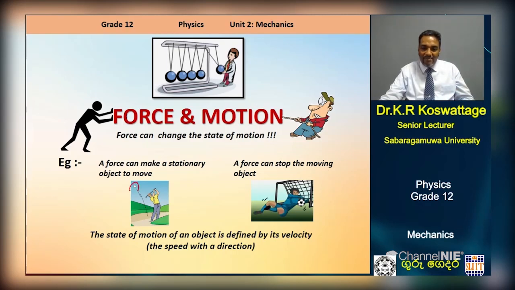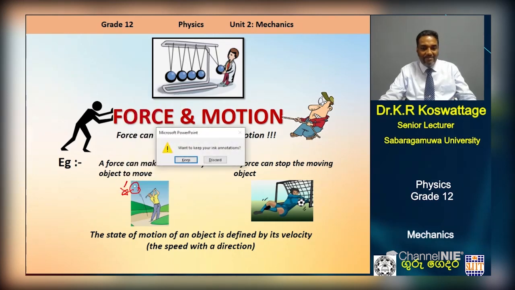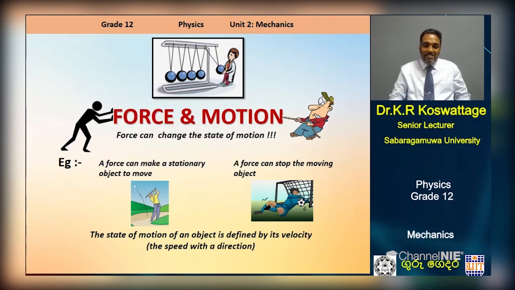So now we have a motion, and it means that there is a velocity. Because of this case, here now we have two concepts. One is force and the other one is motion. So we can say that force can change the state of motion. This is what we have discussed. So force can change the velocity of any object.